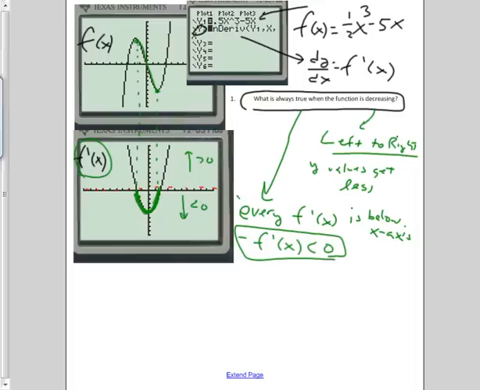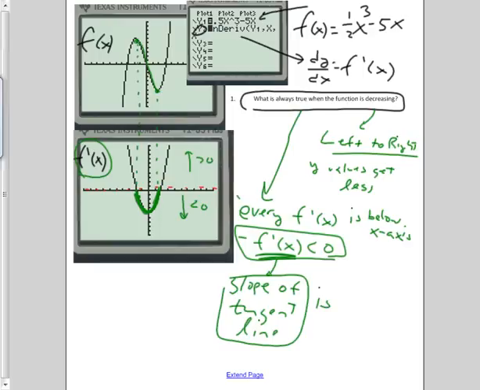Well, remember that the derivative is really the slope of the tangent line, and the slope of the tangent line being less than 0 means the slope of the tangent line is negative. And that makes sense graphically, because if we go back to the original function, every tangent line here is going to be negative because it's going downwards.